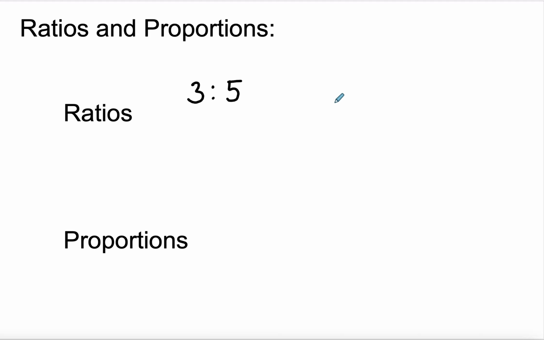We'll see it written two ways, 3 to 5, or more commonly, especially when we're actually doing math, written as a fraction, 3 to 5, and that's how we say it. So again, it could be relating literally any two quantities.